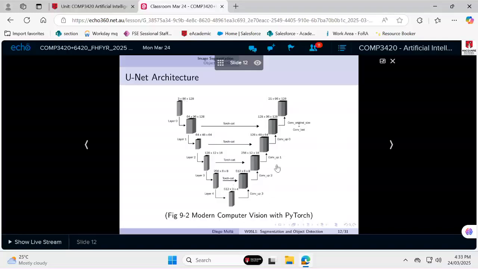This particular example is a bit more advanced. It does a bit more than that. The actual transpose convolution will also take as input a skip connection. We saw skip connections last week in ResNet, residual connections, in which you sidestep some part of the network. In this case, it makes sense to take as input to here this one and then what was the state before, or after here.